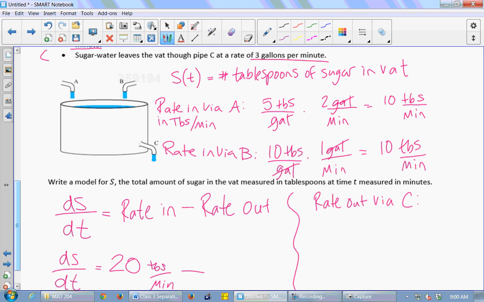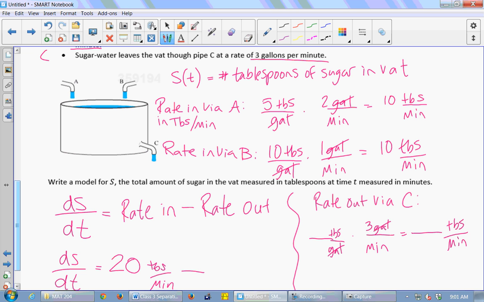So the mixture is leaving at 3 gallons per minute. If I copy the model I did for the rate in, I need something in tablespoons per gallon times 3 gallons per minute. My gallons will cancel, and I'll end up with something in tablespoons per minute.